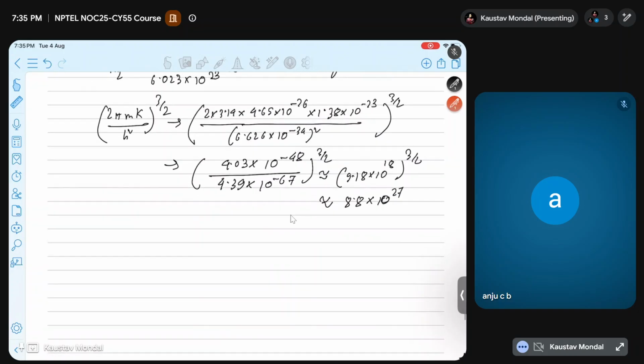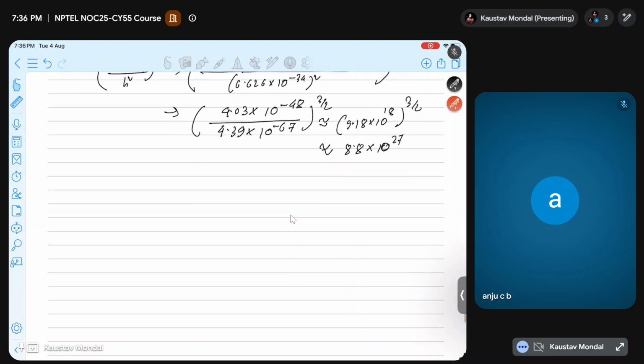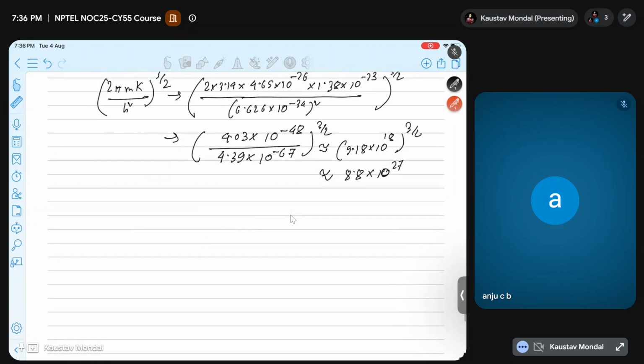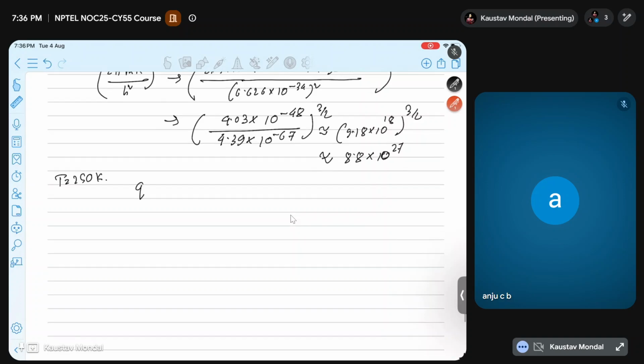Now for the two different temperatures we have to calculate. The first temperature is T equal to 250 Kelvin. So Q trans would be V into 2 pi m kT by h square to the power 3 by 2.